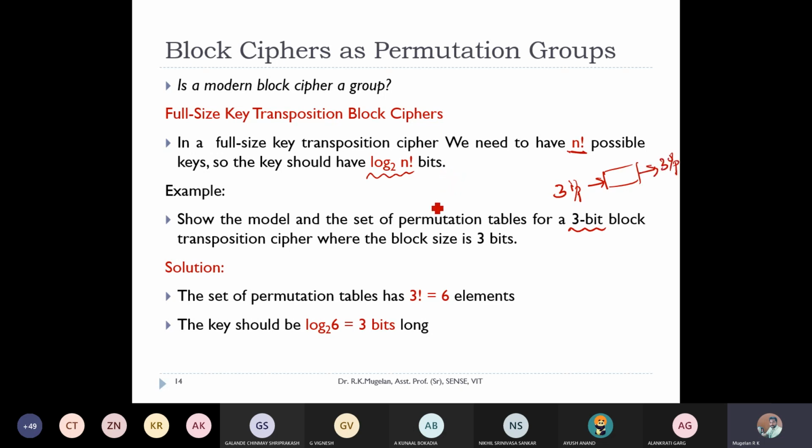So here the total number of combinations of these 3 bits will be 3 factorial, which is 6, and the size of the key is log to the base 2 of n factorial. In this case, log to the base 2 of 6 gives me the value of 3. So the size of the key will be 3 bits.